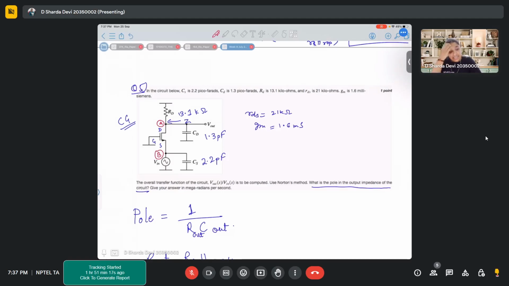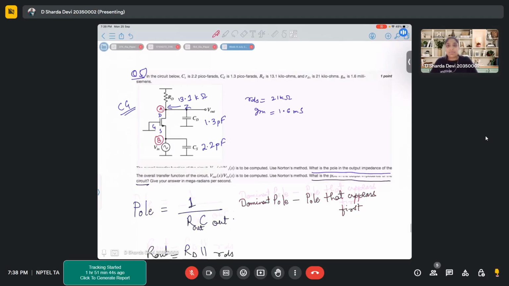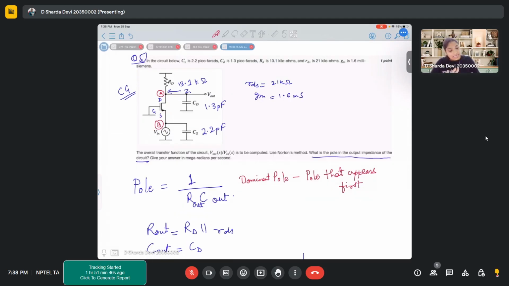Now the question is, which pole would be dominant? The dominant pole is the pole that appears first. Now, what is the value of a pole?